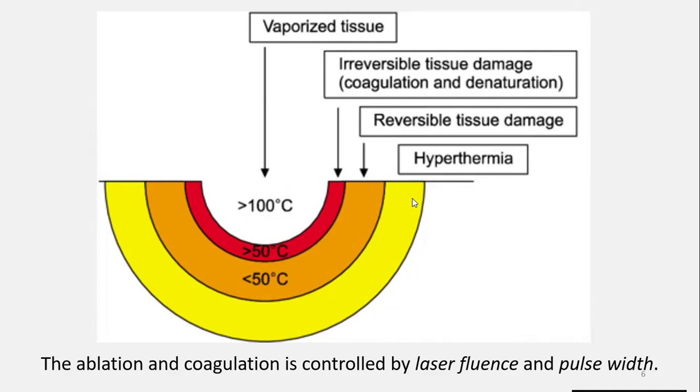And then beyond this is a zone of hyperthermia where only the tissue temperature is raised. The ablation and coagulation are controlled by laser fluence and pulse width. Where there is complete ablation, which is the vaporization zone, new skin will come and cover this zone, while in the zone of coagulation, there will be new collagenesis.